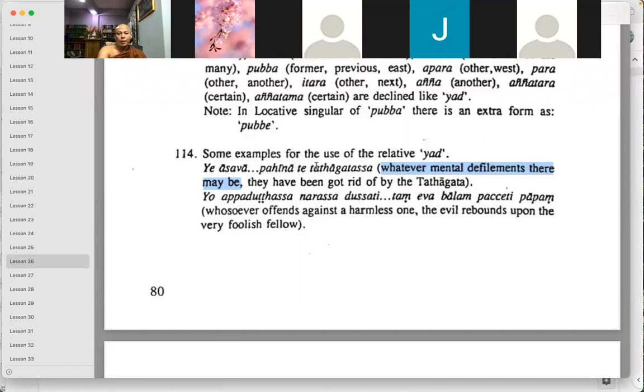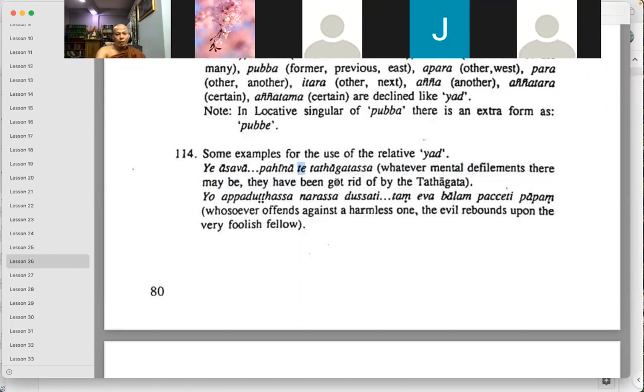And pahīnā te tathāgatassa. So they have been, and they means those mental defilements.